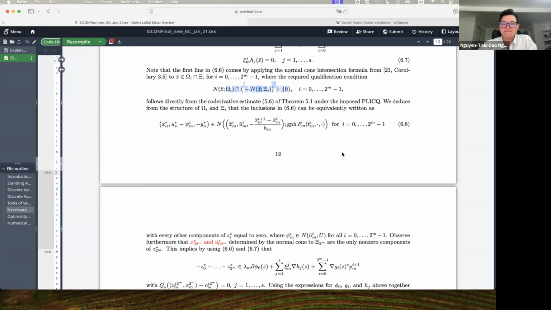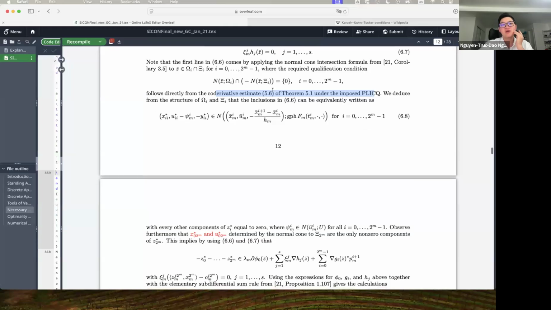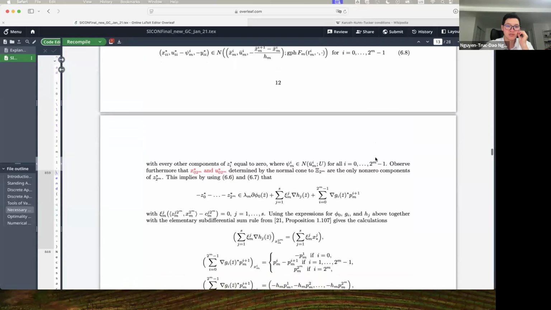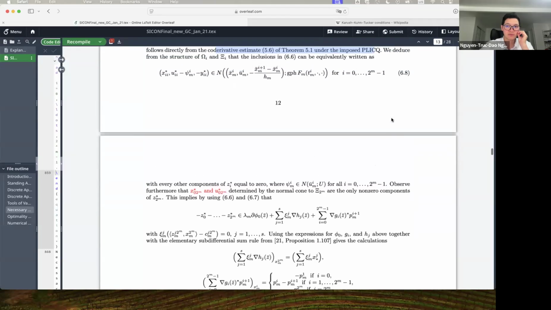The co-derivative estimate helps you to prove them. So we can skip this for now. In the next meeting, I'm going to show you theorem 5.1, the co-derivative estimate and the verification of the qualification conditions. But this shouldn't be an issue for this paper.